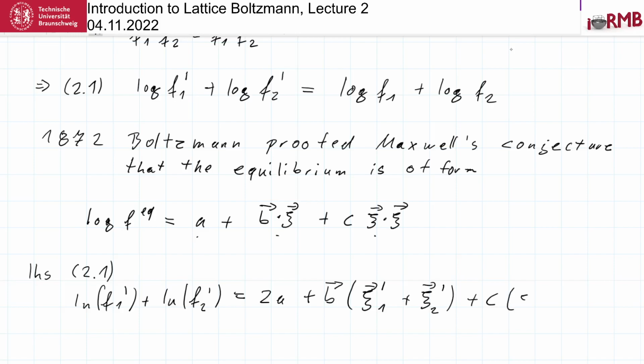So we just sum this up, xi1 times xi1 after collision, plus xi2 after collision times xi2 after collision. You see that the first is now the sum of the momentum of the two, plus the sum of the energy of the two, times again, okay, I forgot here this scalar product, right?